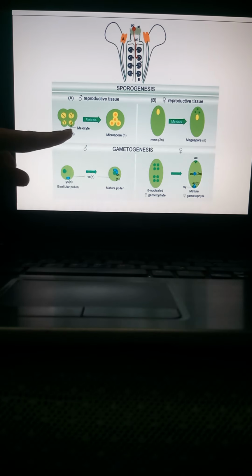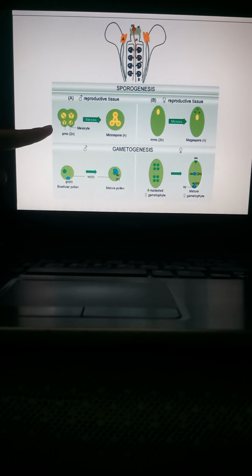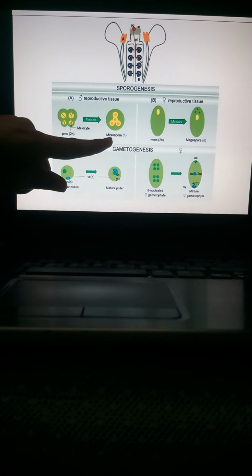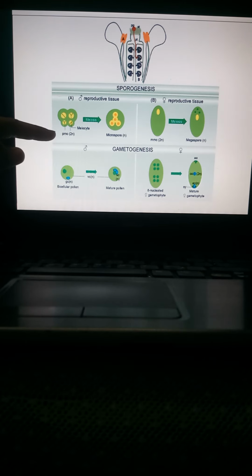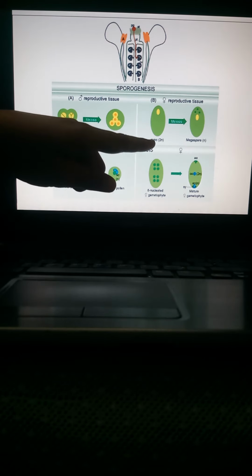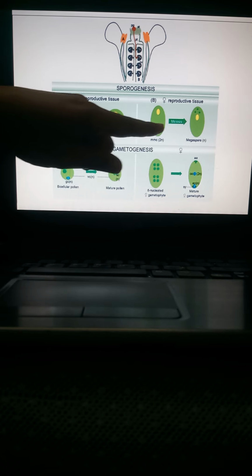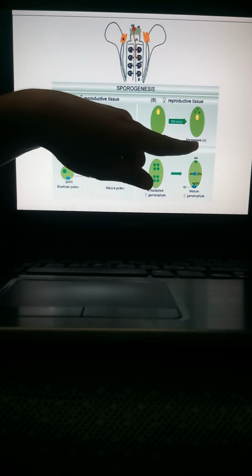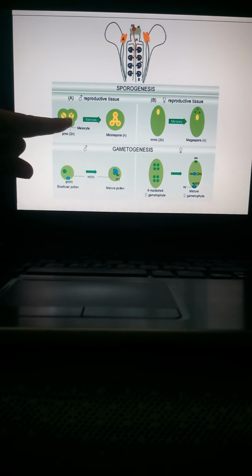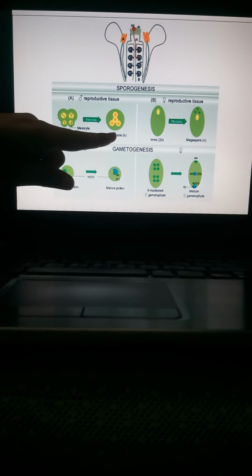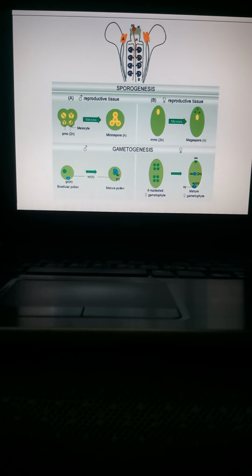As you can see, meiosis is taking place, that is why the ploidy is being halved. That is, here the pollen mother cells or the meiocytes were diploid. However, after meiosis, the microspore which is formed is haploid. So in case of female reproductive tissues also, the megaspore mother cell, which is diploid, after meiotic division gives rise to haploid megaspores. So this process in which spores are being generated is called sporogenesis.